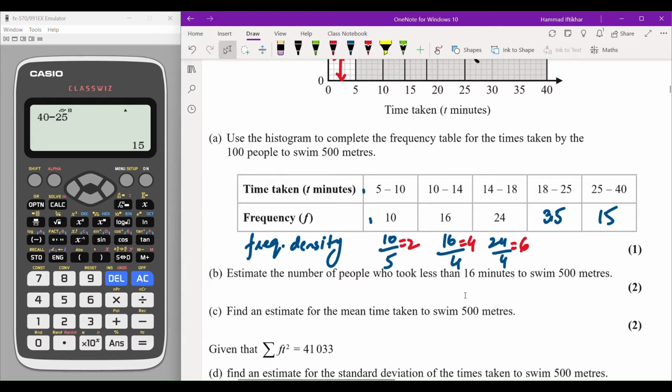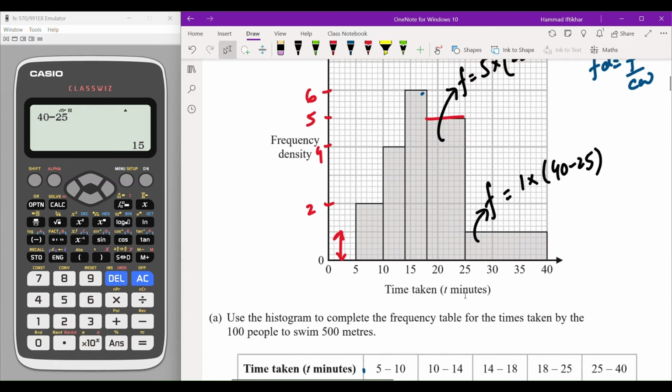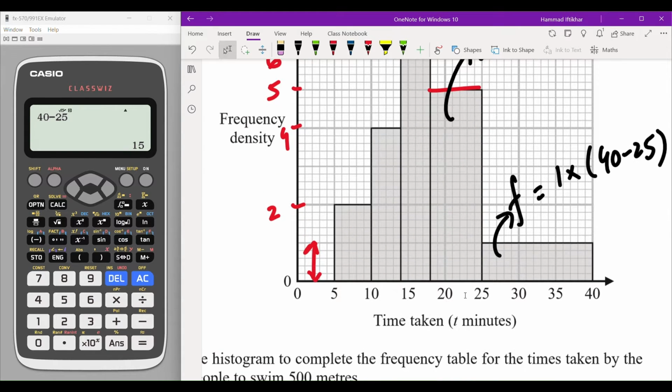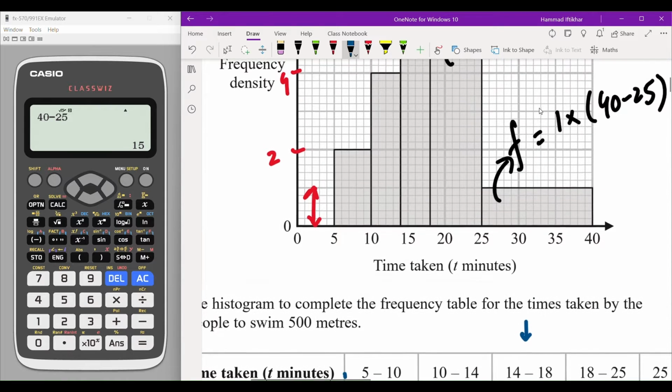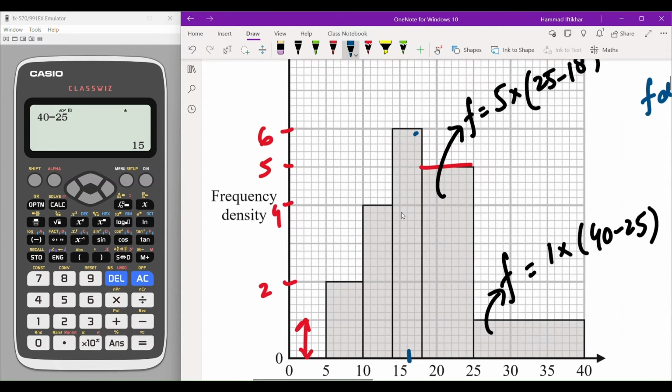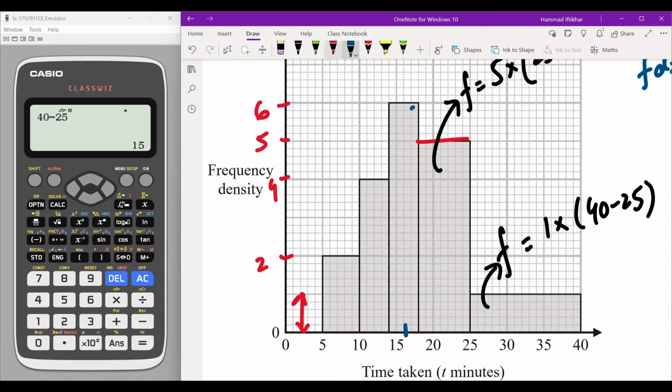Estimate the number of people who took less than 16 minutes to swim 500 meters. So 16 is in this class over here, 14 to 18. Okay, so halfway between this. Halfway basically means halfway.